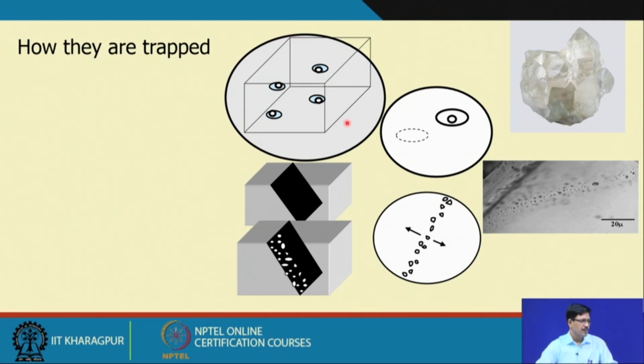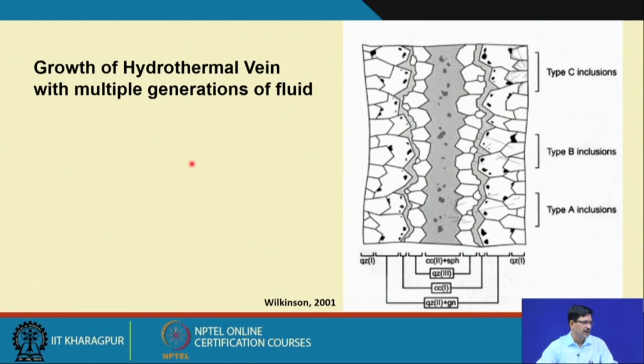Since we talk about the fluid from which the minerals precipitate, we would generally be focusing on the characteristics of these primary fluid inclusions. But sometimes the hydrothermal fluid activity takes place in a protracted manner, in episodic growth of the hydrothermal vein, like the one shown here.